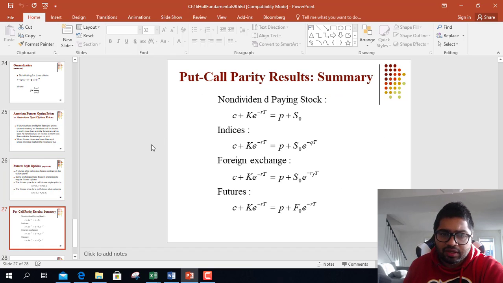So just to summarize, non-dividend paying stock, this is the put-call parity. Indices, this is the put-call parity, right? For indices you discount the stock by the dividend yield. For foreign exchange, you discount the stock by the risk-free rate in the foreign country. For future contracts, you use futures instead of stock. So futures you discount by the risk-free rate.